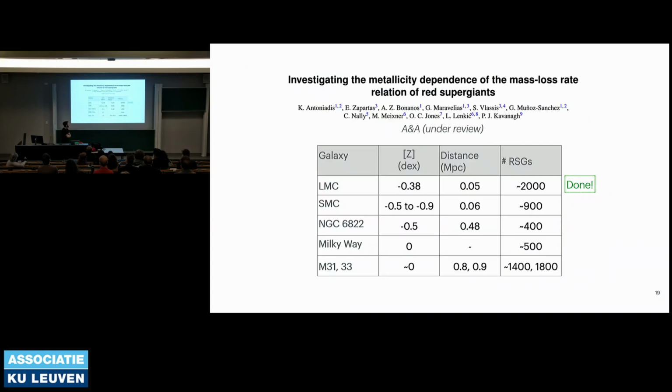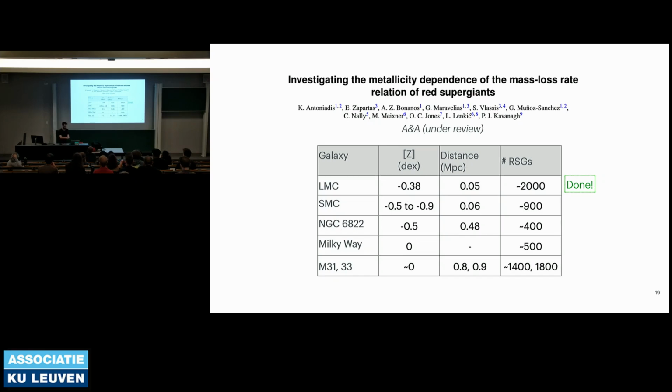Okay, now we had these results on the LMC, and we said, since we need to have uniform assumptions in order to compare different studies and samples, how are we going to investigate if there is a metallicity dependence on the mass loss? And so we need to investigate other galaxies. This work is under revision actually.